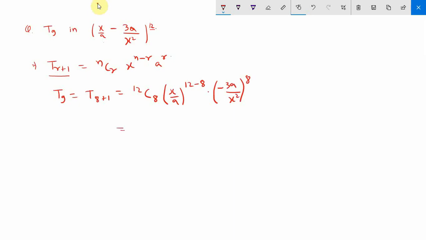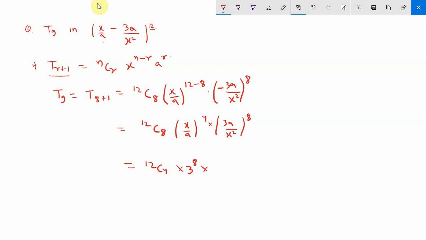So this we can write as 12C8 into (x/a)^4, and if we see this, minus to the power even power will be positive, so (3a/x^2)^8. And this we will get as 12C4, because nCr equals nC(n-r), into 3^8.